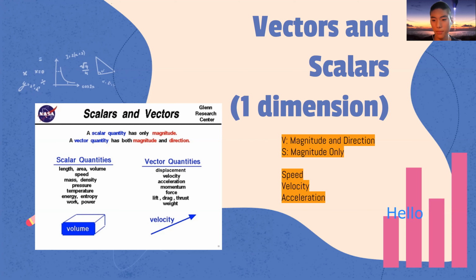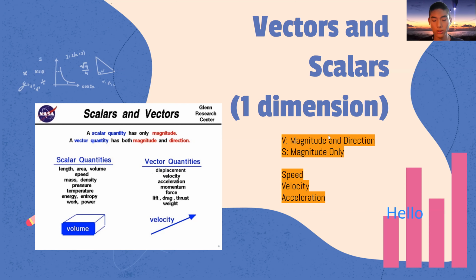That's a magnitude. But if I say I have 60 pounds of bread at this location, that's telling you the amount and the direction. So that's a vector. If I told you I have $25 right here, that's a magnitude, that's a scalar. But if I tell you where that $25 is, that's a vector.